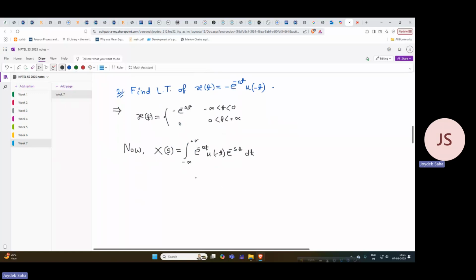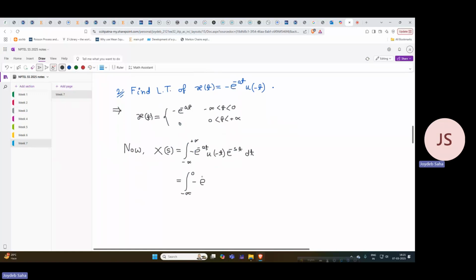Now if we write it like this, minus infinity to 0, it will be minus, here it was minus, right?